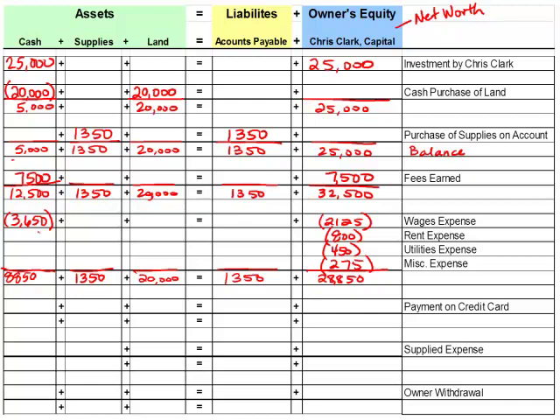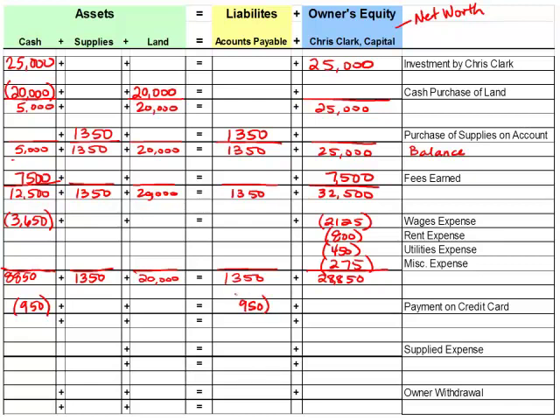The next one, he paid his creditor. Paid off the credit card or the store credit or whatever he set up for those supplies. And he paid $950. So which accounts are we going to do there? Cash, we're going to make it go down by $950. And liabilities, should I add or subtract it?